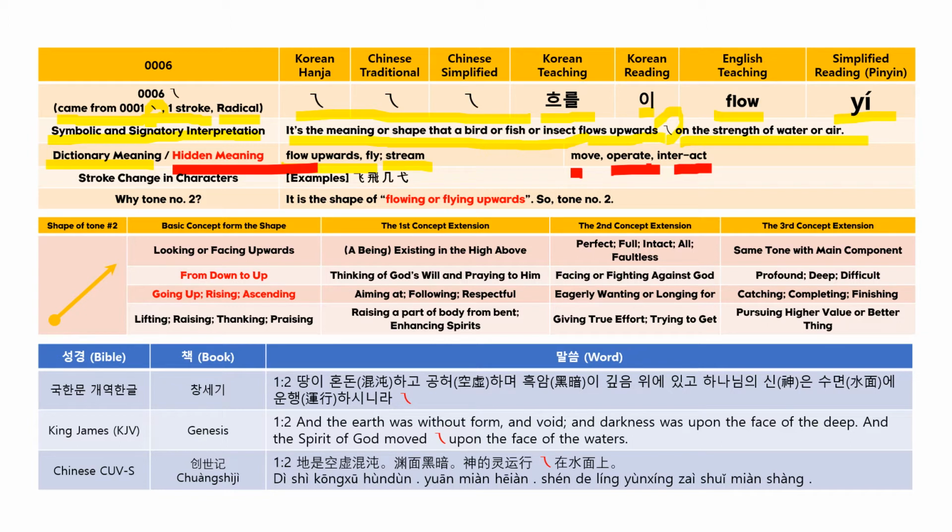Also, this character changes in stroke in some characters. For example, this character flow E, in some characters, it can be shown just like this.